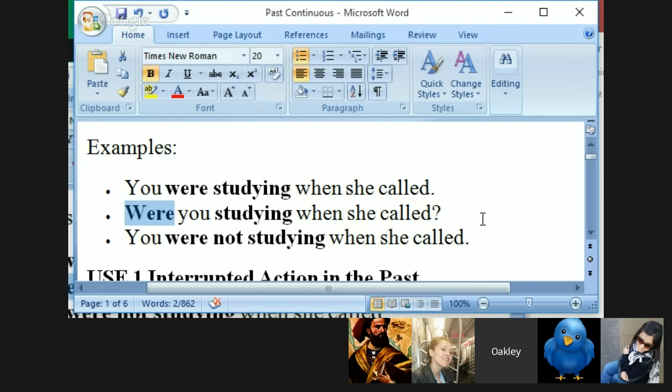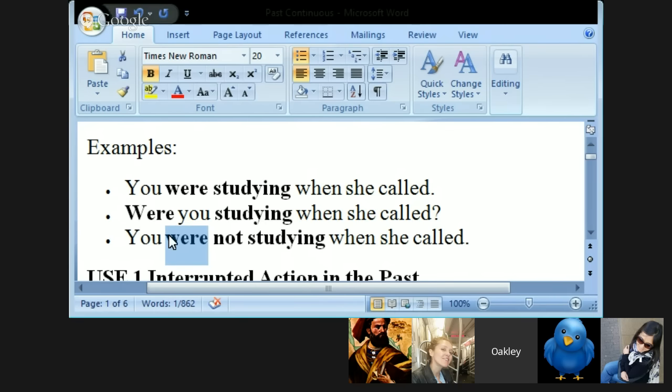In English, regardless of the verb tense, we are going to transpose or reverse the first auxiliary and the subject noun. So you and were switch places. So there you go. Were you studying when she called? In the negative statement form, notice placement of not will follow the first auxiliary. You were not studying when she called.